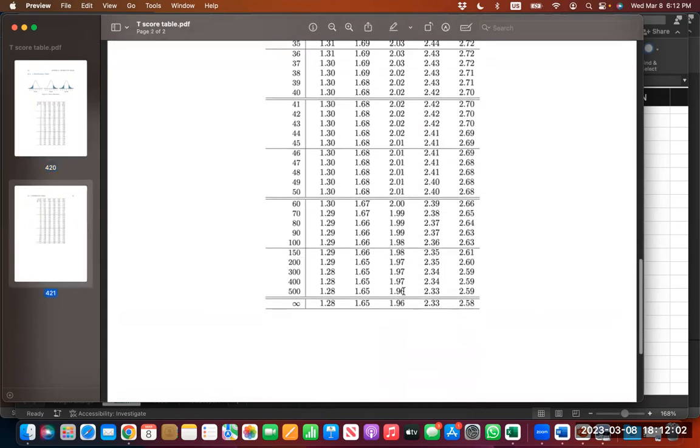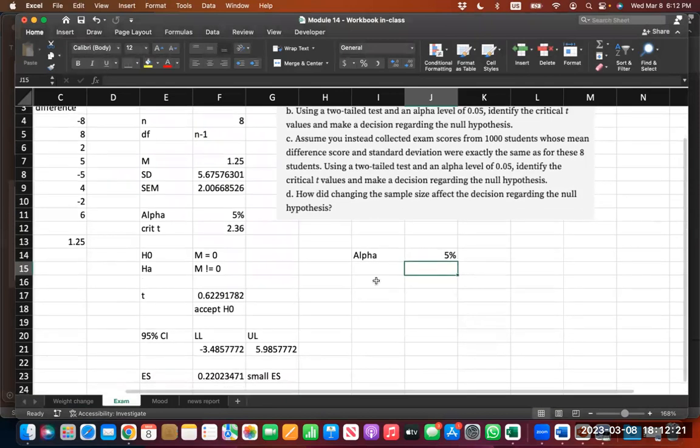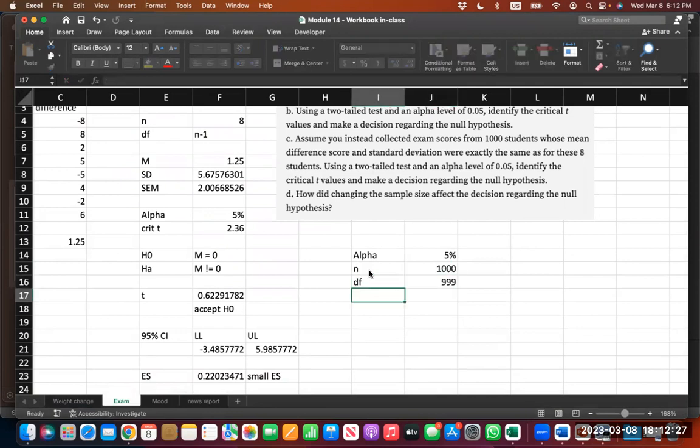But the greater the sample size becomes, with 1.96 you really have a normal distribution that distributes in the same way, and you can use the same critical values. So now the sample size of 1000 has a degree of freedom of 999.